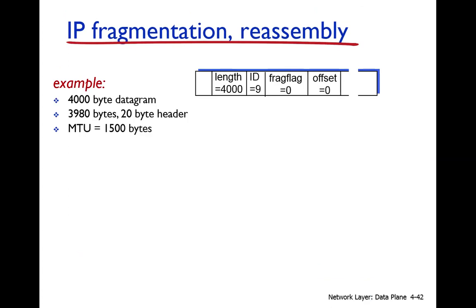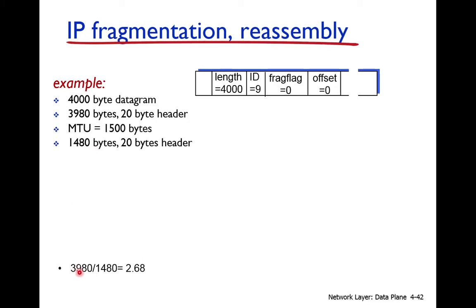If we have a 1500 byte packet, then 20 bytes will be header, so the remaining 1480 bytes will be data. So we have to divide this 3980 bytes of data such that each packet carries a maximum of 1480 bytes.